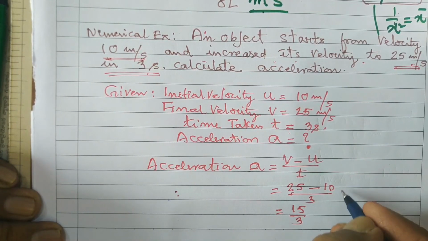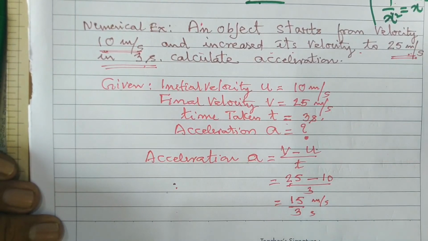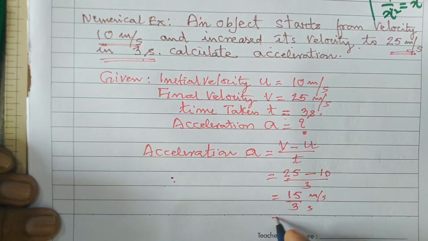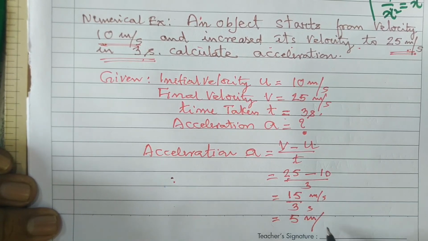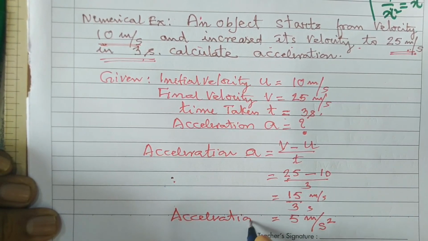So 15 meter per second by 3 seconds. If you divide it, 3 5s are 15, meter per second square, not second, second square. Acceleration is equal to 5 meter per second square.